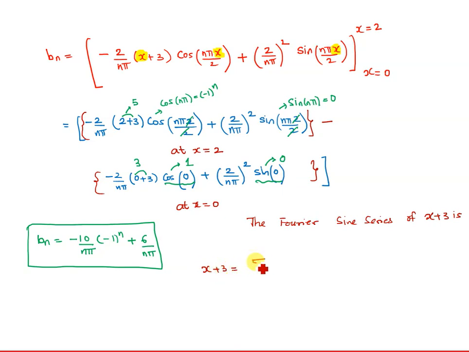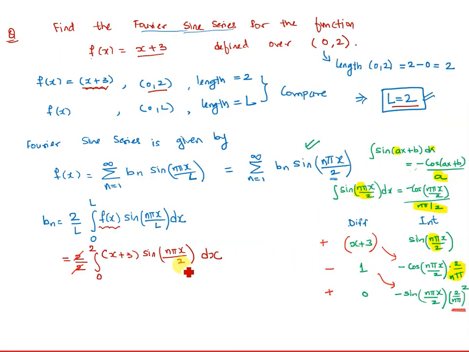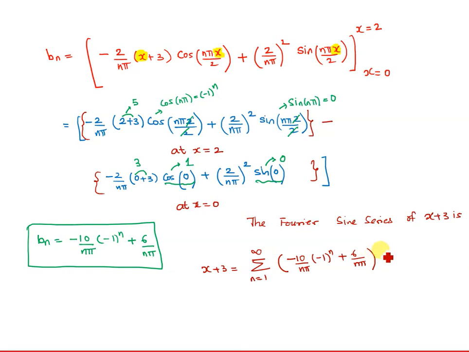It is given by summation n from 1 to infinity of Bn, which is this term: minus 10 over n pi, minus 1 to the power n, plus 6 over n pi. What was the term here? Sine n pi x over 2. This completes this solution.